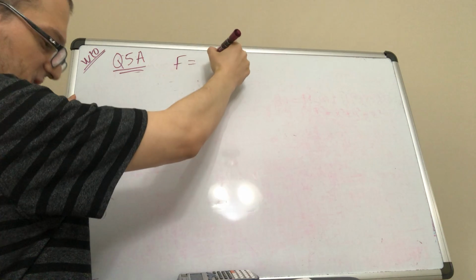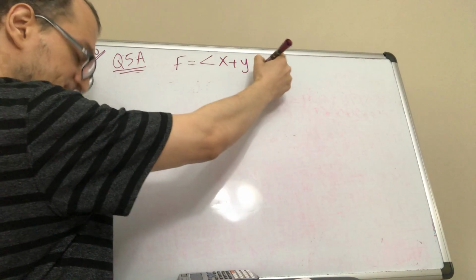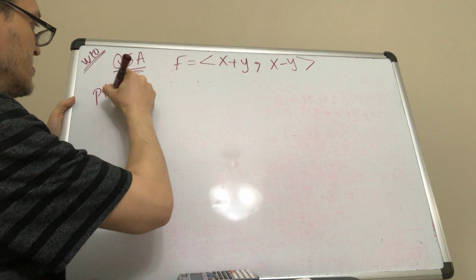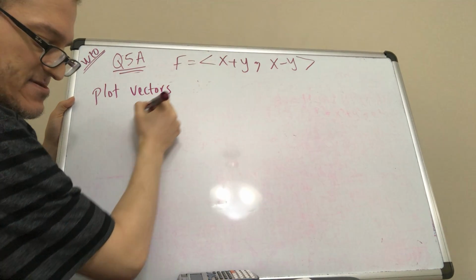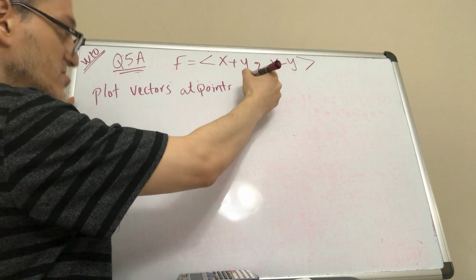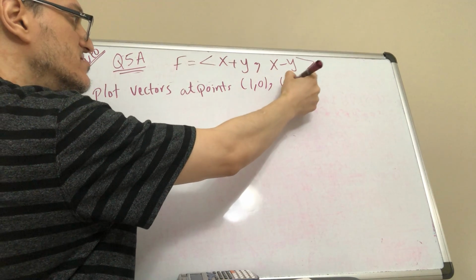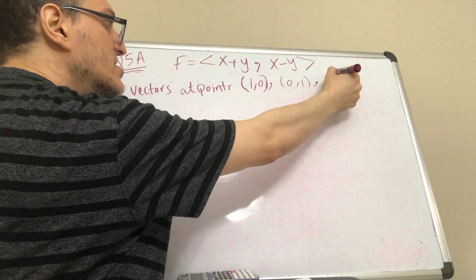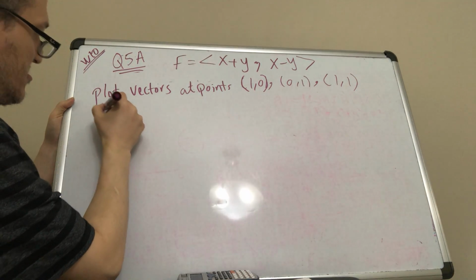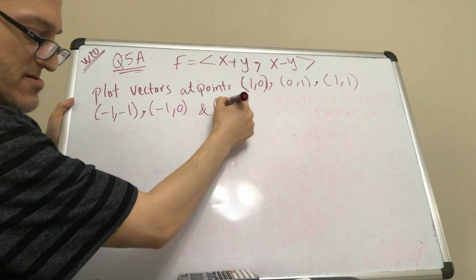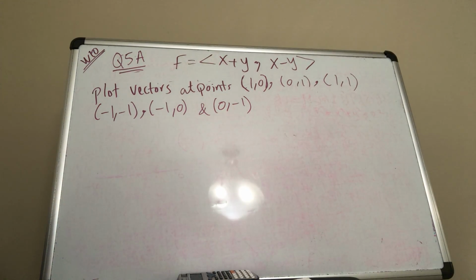You're given x plus y, x minus y, and you're asked to plot the vectors at the points 1, 0; 0, 1; 1, 1; negative 1, negative 1; negative 1, 0; and 0, negative 1. It was supposed to say continuous, but it doesn't matter.